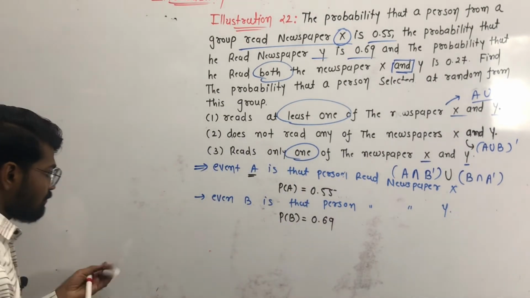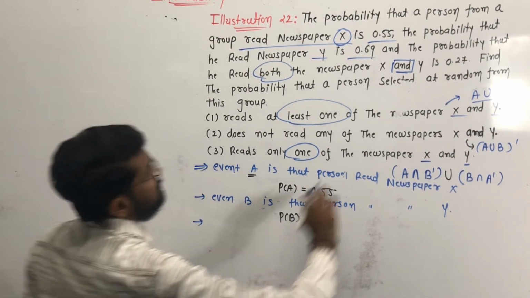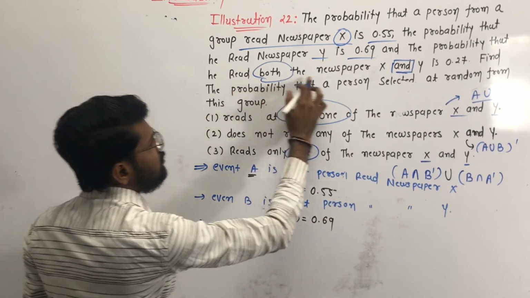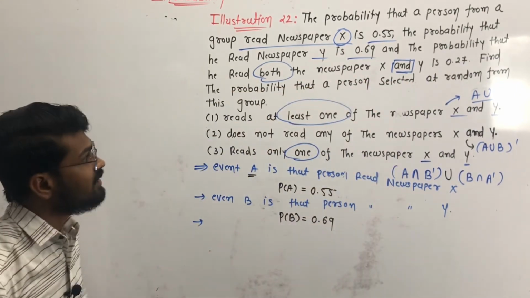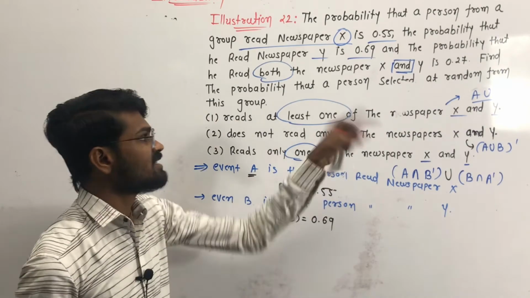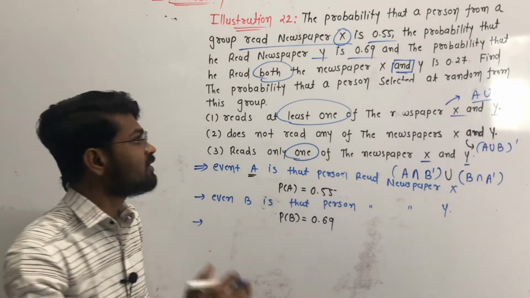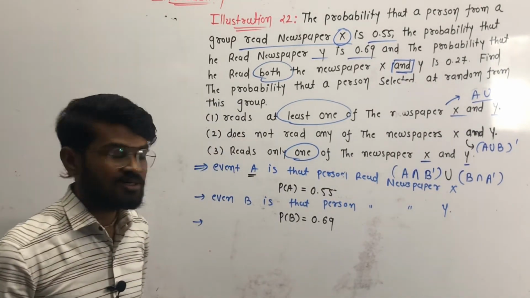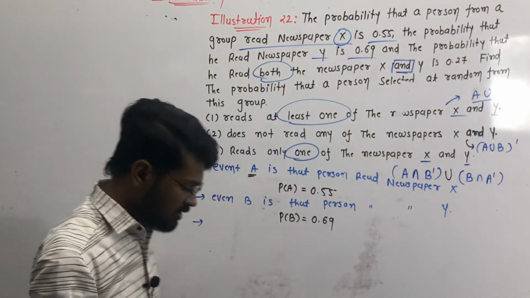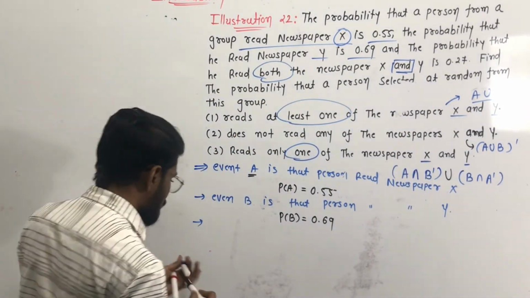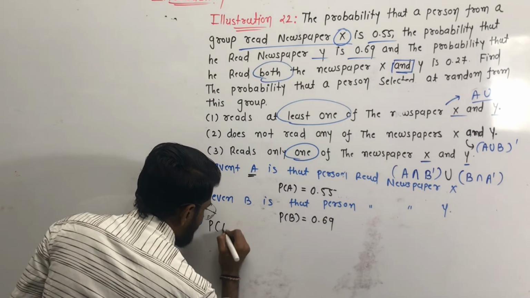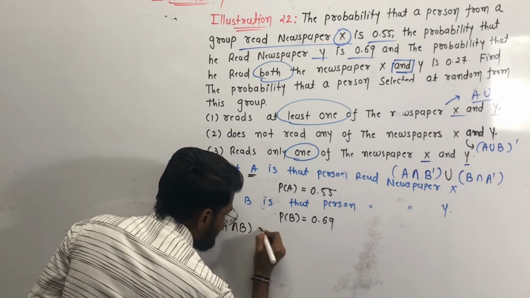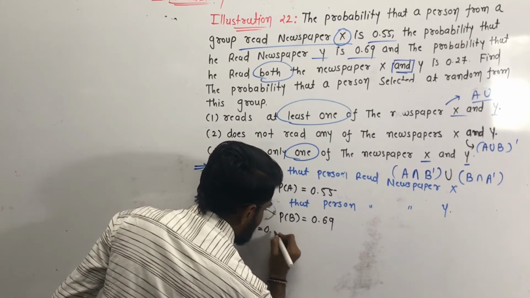Then the probability that they read both newspapers X and Y is equal to 0.26. X and Y means the intersection of events A and B, so this gives the probability of the intersection of events A and B.